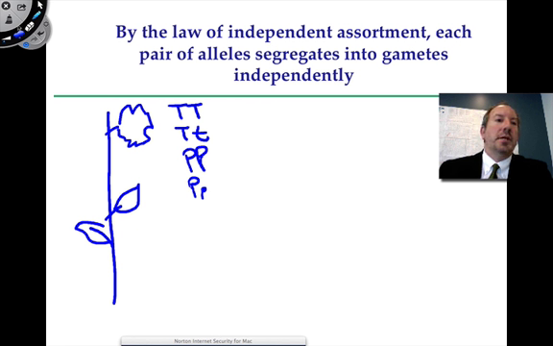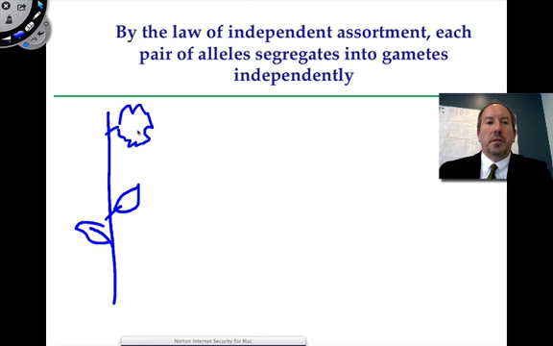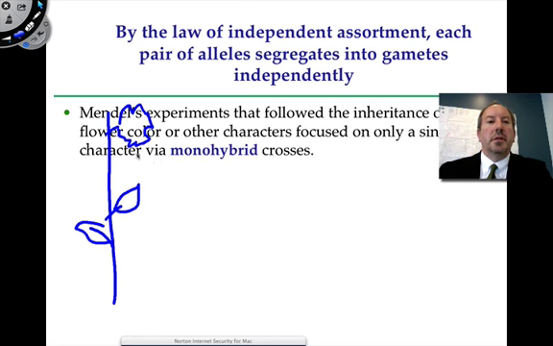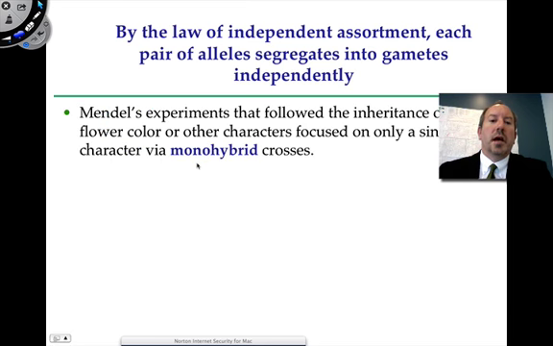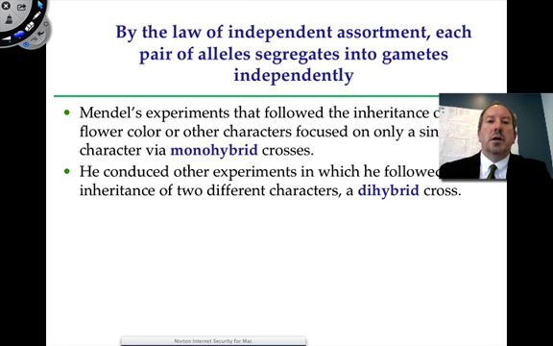And so what Mendel was interested in doing was considering two-trait crosses. And when he did these two-trait crosses, he saw patterns there as well. So let's talk about these patterns. When he considered a single hybrid cross, it's considered to be mono. That's what we've been looking at so far. And when you do two traits, it's considered to be di, for two traits at the same time.